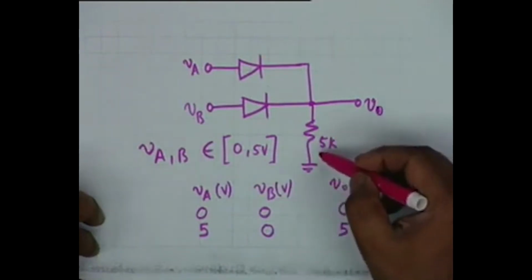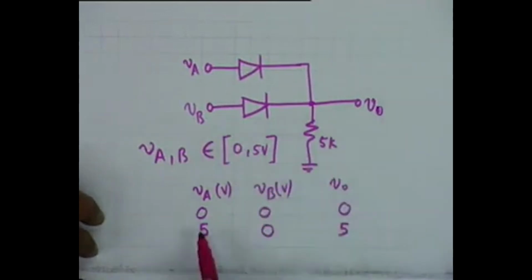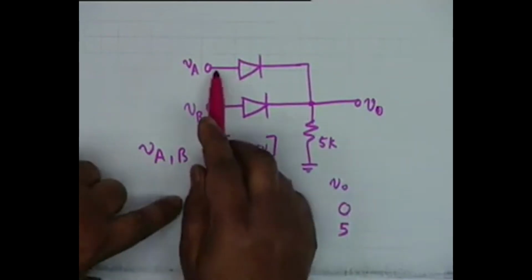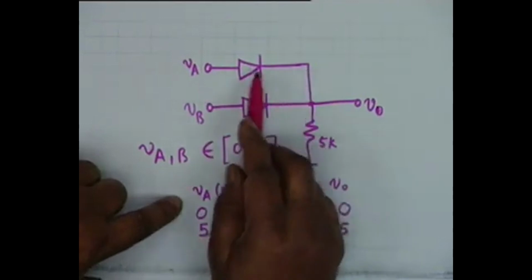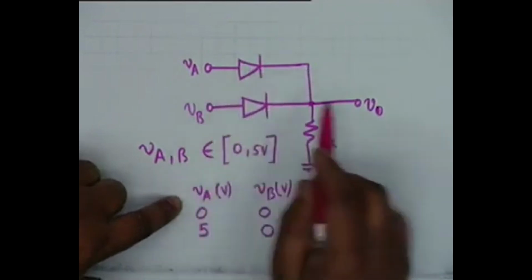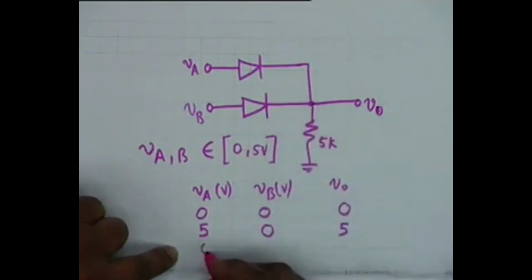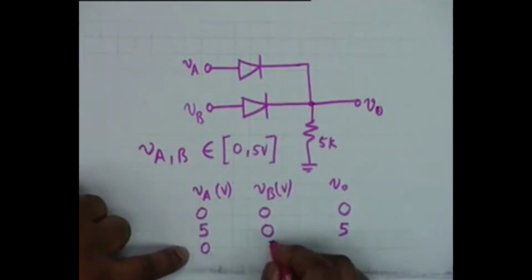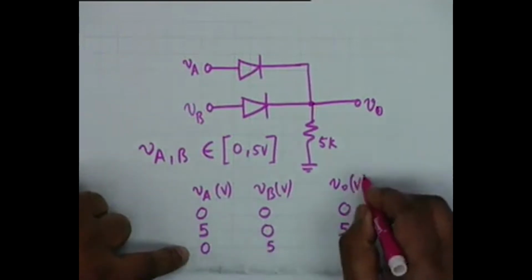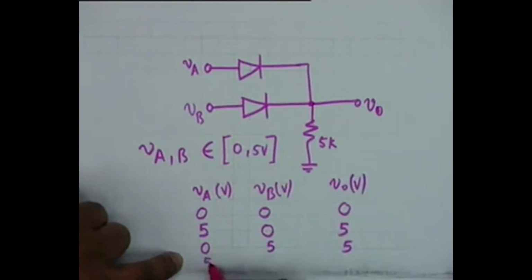The resistance does not affect the voltage. You see, if VA is 5 volt, then this diode conducts. If this diode conducts, the drop is 0, therefore this voltage must be 5 volt. Is that okay? Similarly, if VA is 0 and VB is 5, once again this is 5 volts. If both of them are 5, it will still be 5.